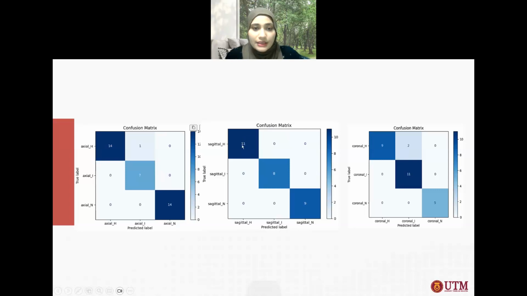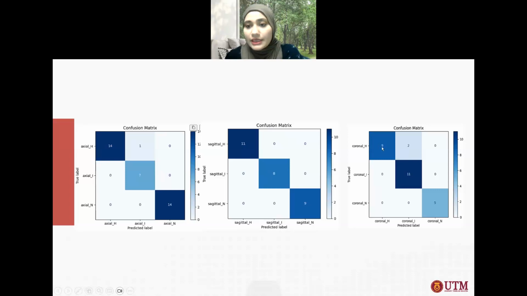For sagittal H, 11 images were correctly classified as sagittal H, and none of them were classified as ischemic or normal, which is also good. This one is also the same, correctly classified 8, and none misclassified.